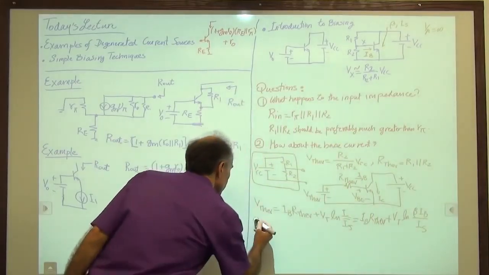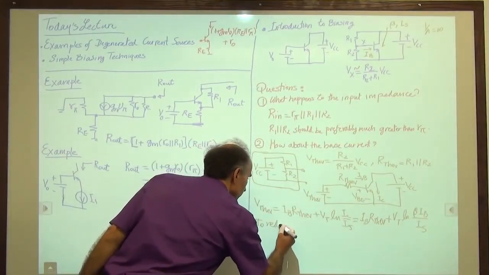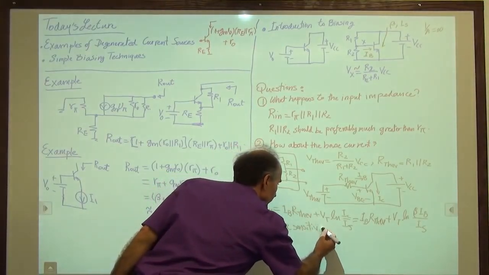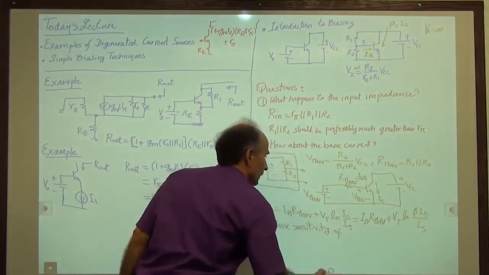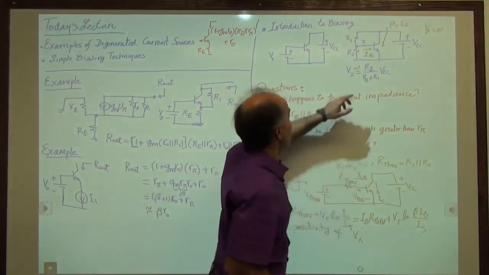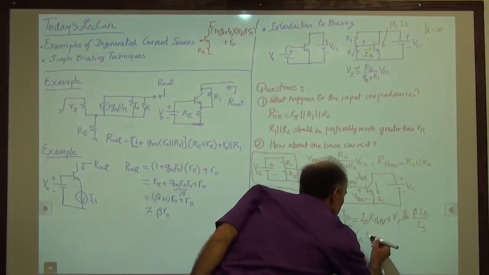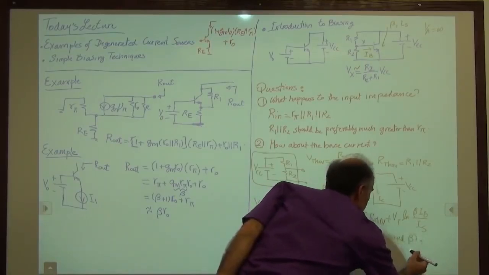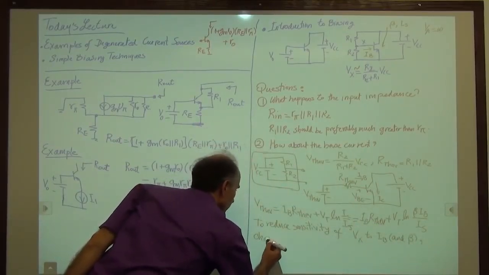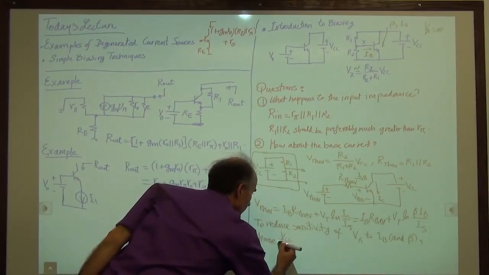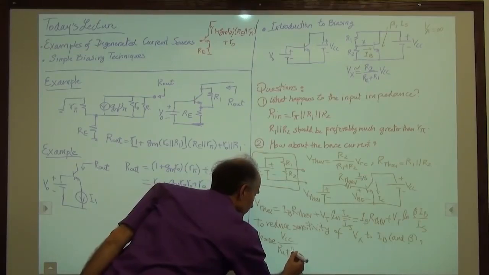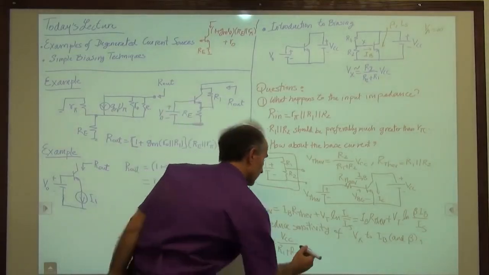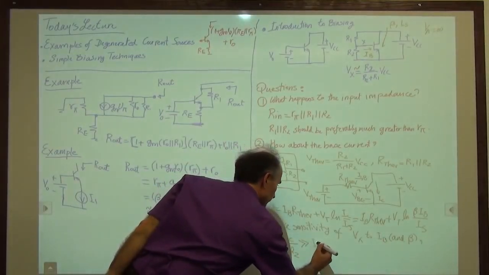So to reduce sensitivity of Vx, this Vx here, to IB and beta, choose VCC divided by R1 plus R2, which is this current here, before we connect the base, to be much greater than IB.